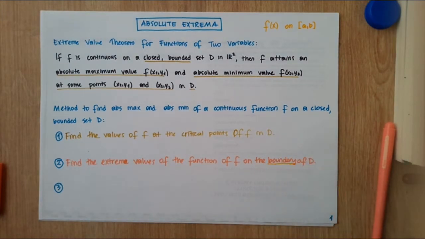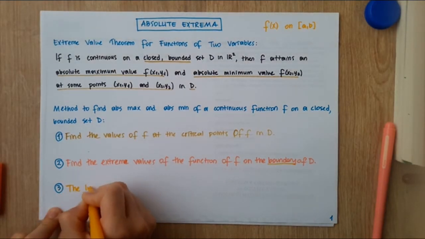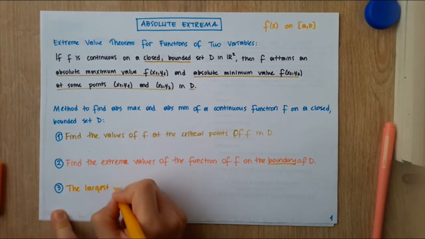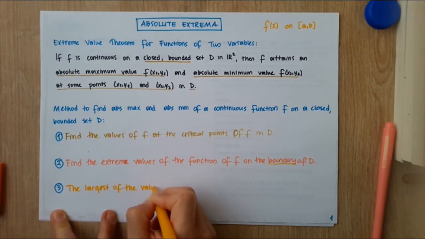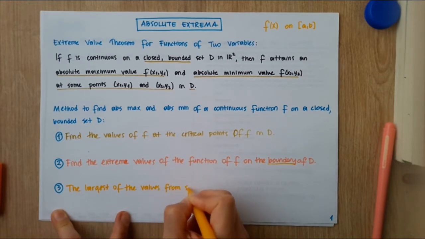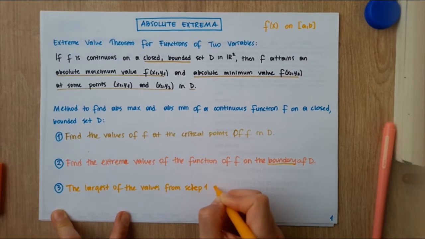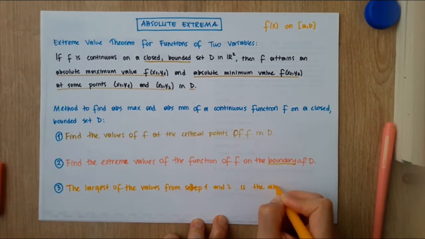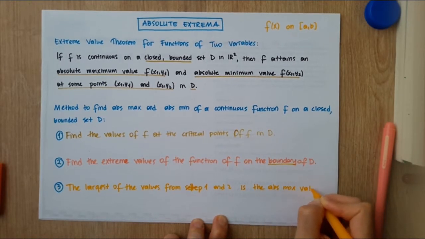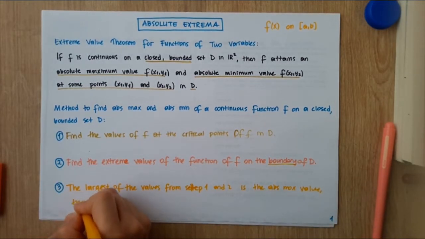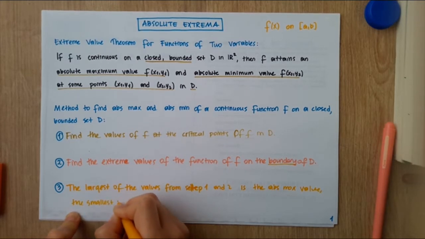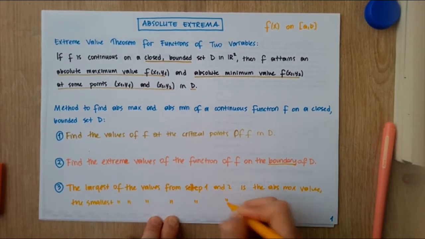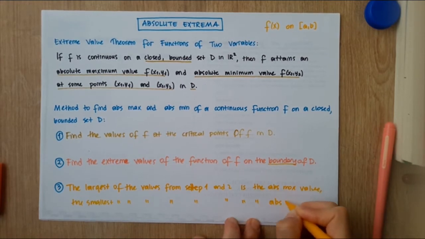So we will analyze the boundaries of the given region separately, and at the end, the largest of the values from steps 1 and 2 is the absolute max value, and the smallest of the values from steps 1 and 2 is the absolute minimum value.